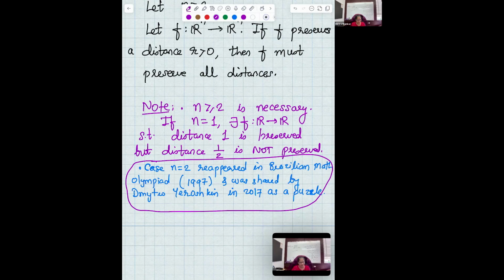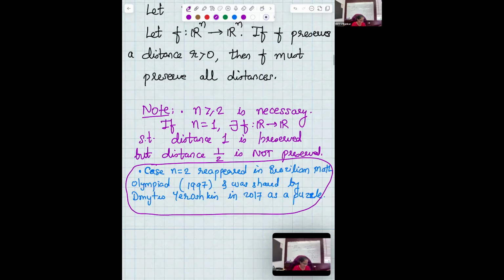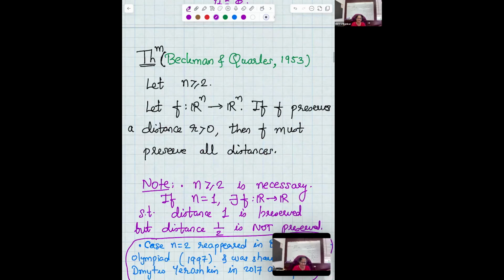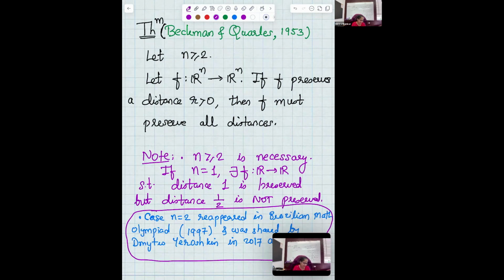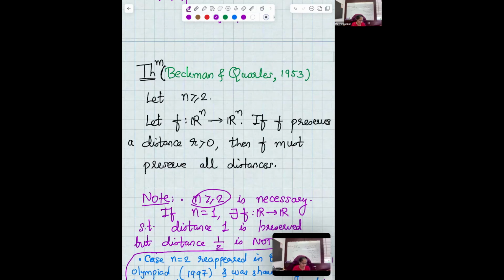Then we found out that there is a theorem which is much more general, for n bigger than or equal to 2. And I just demonstrated that n bigger than or equal to 2 is necessary, because we saw a function where PF is non-empty, but still f is not an isometry.